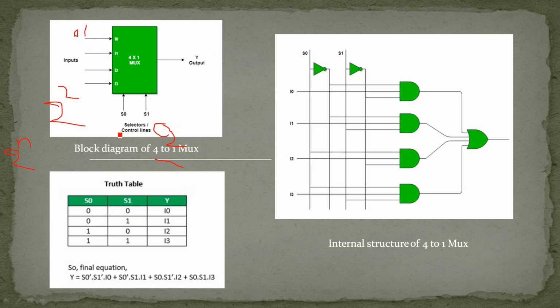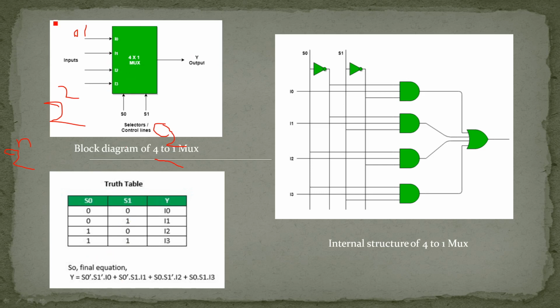For the second combination, 0 1, it is connected to I1, and whatever data is at I1 is transferred to the output. Similarly, 1 0 is connected to I2 and 1 1 is connected to I3.